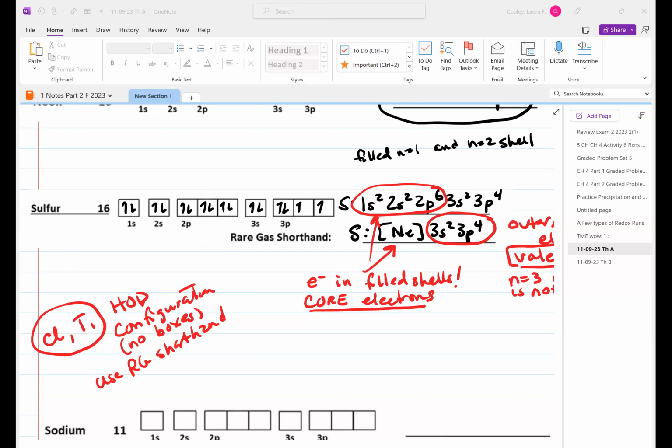No. Well, do as many of the ones for the handout of the day as you can, just the configuration, no boxes. They were, just a minute.